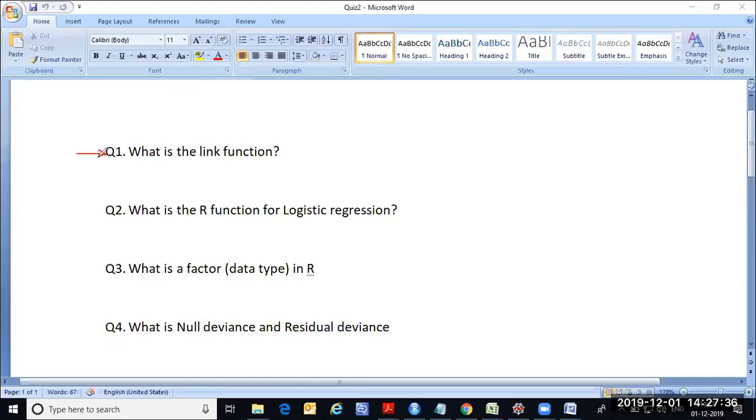Link function is nothing but the logit function. Okay, log of odds.